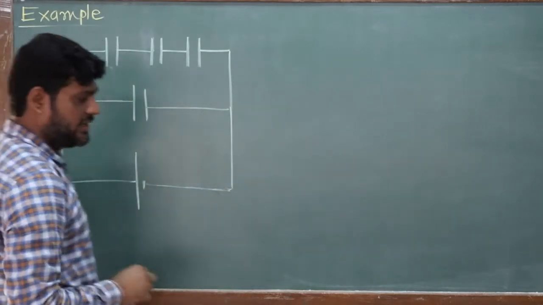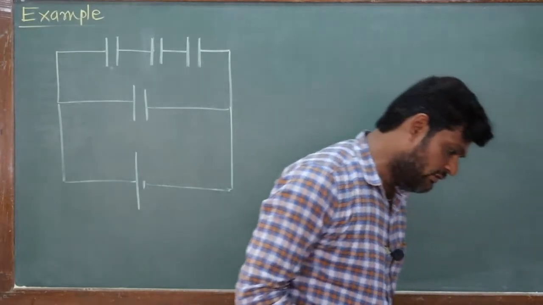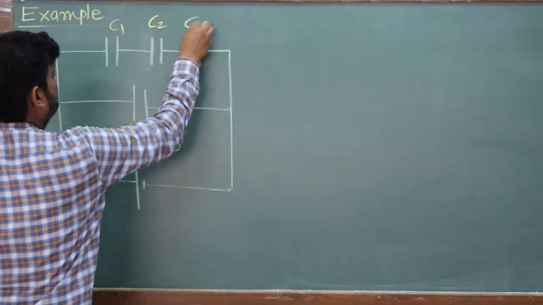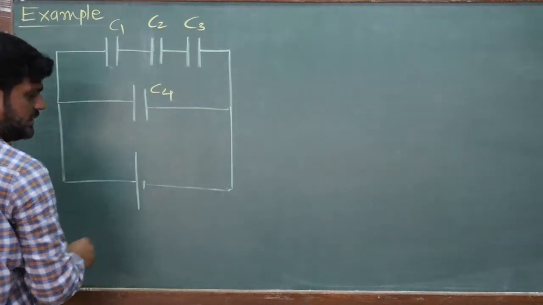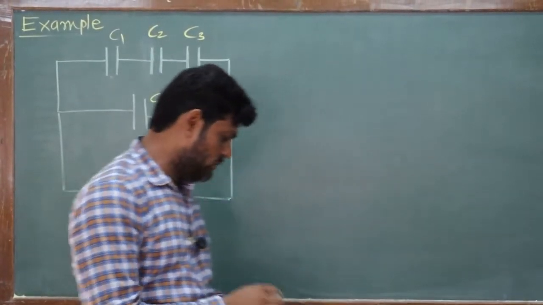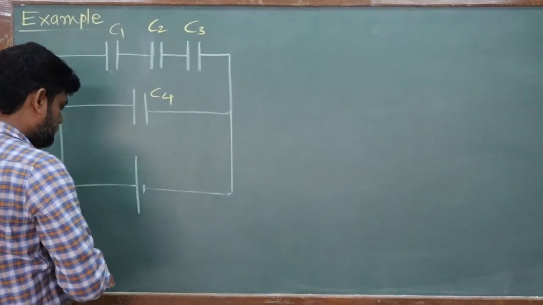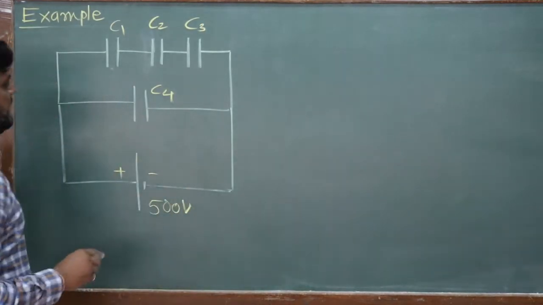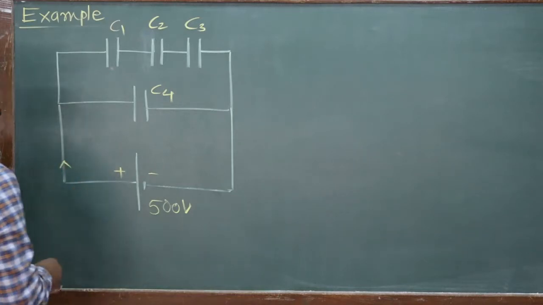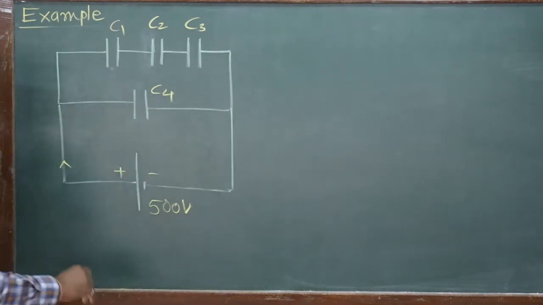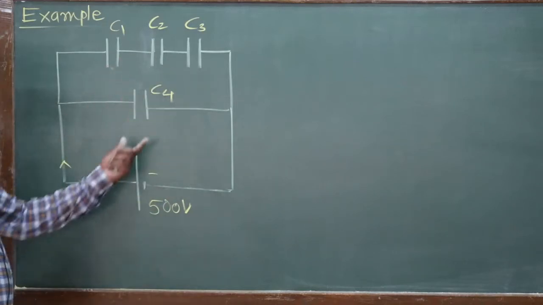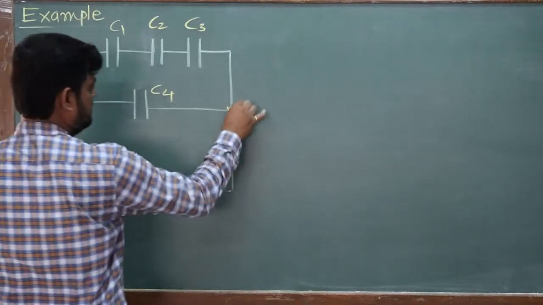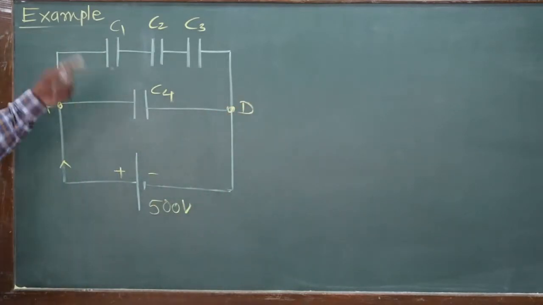Each capacitor having a value of 10 microfarad, right? C1, C2, C3, C4, and the battery is of 500 volt. Battery is given to you 500 volt. 4 capacitors are given, C1, C2, C3, and here is the A terminal, here is the D terminal.